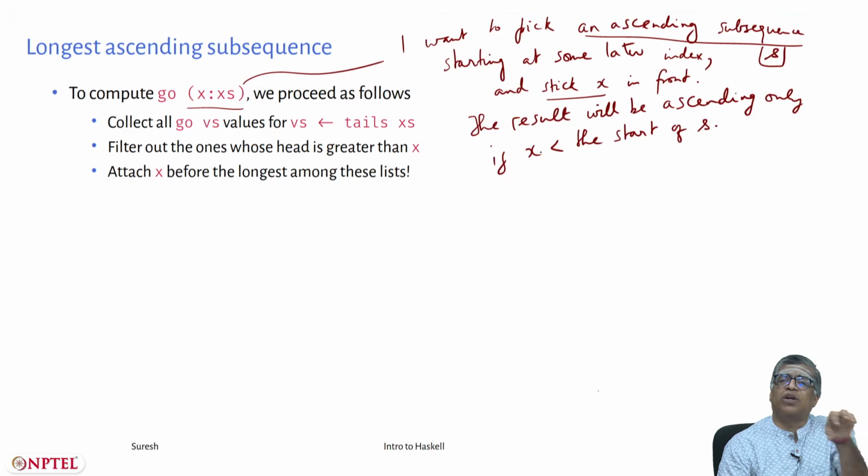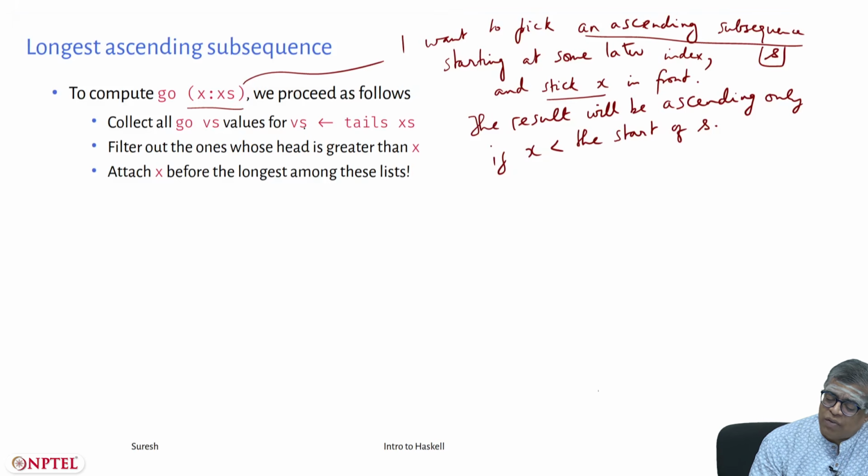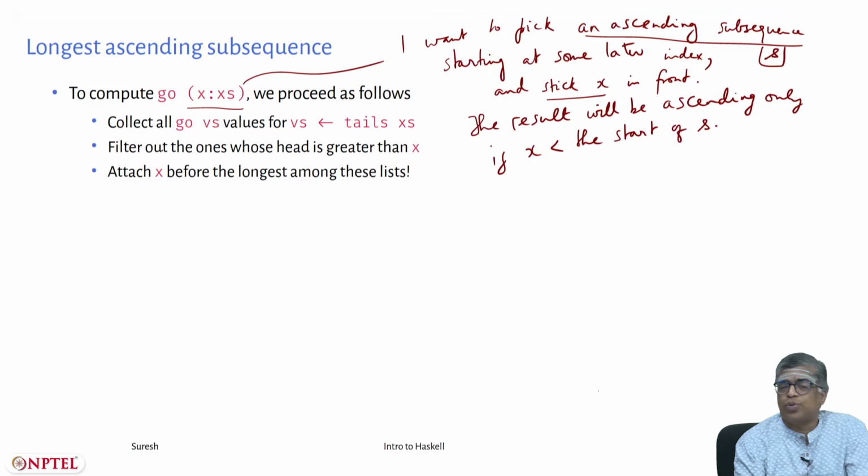I can stick x in front of S only if x is less than the start of S, which is why once I have the go values for everything after x's, I will filter out all those ones whose head is greater than x and attach x before the longest element among these lists, okay.